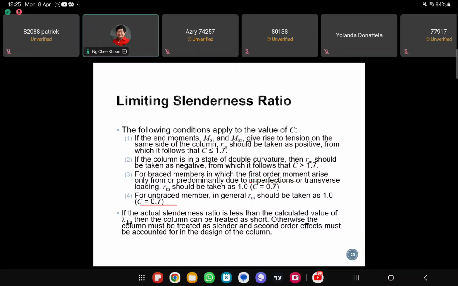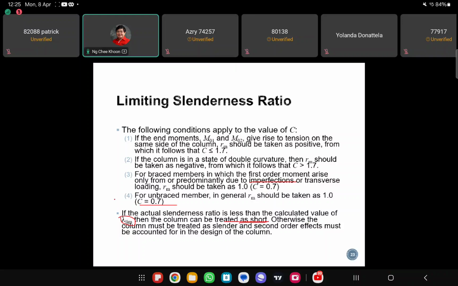All right. So in the actual slenderness ratio, if the actual slenderness ratio is less than the calculated value of lambda limit, then the column can be treated as short. As I mentioned just now, if the lambda of your column calculated is smaller than lambda limit, then the column is short.